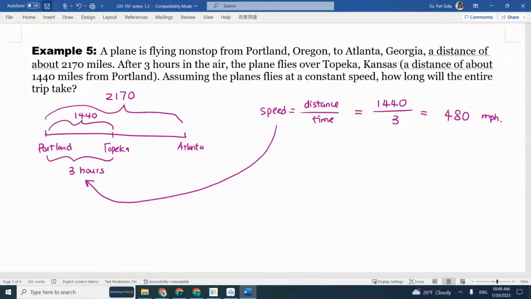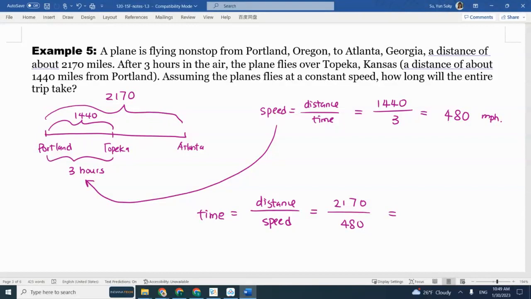Okay, our goal: how long will the entire trip take? Now we know the speed. We know the distance. Can we find the time? So time is distance over speed. What is distance? What is speed? What do you get?